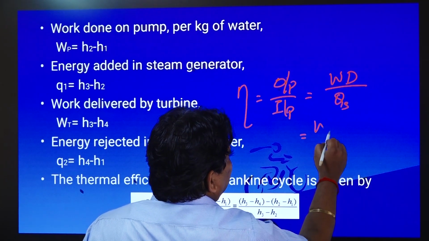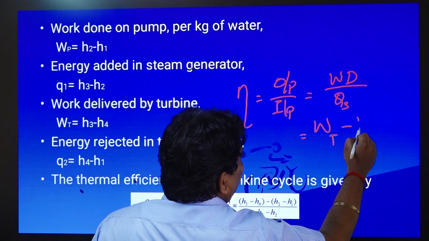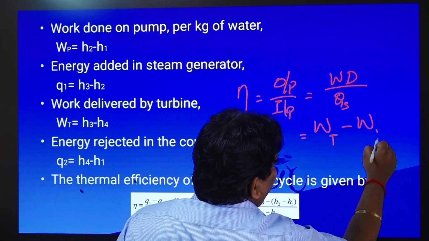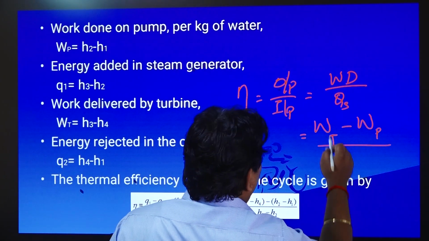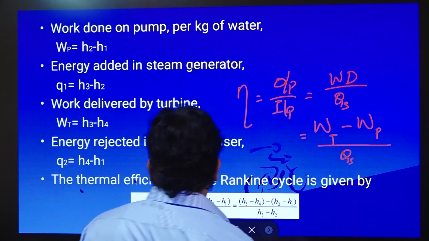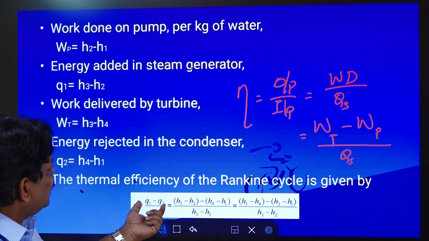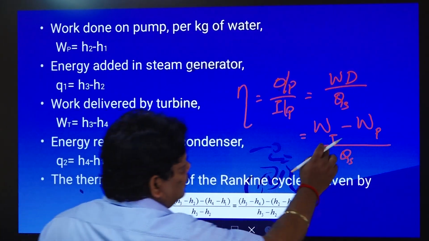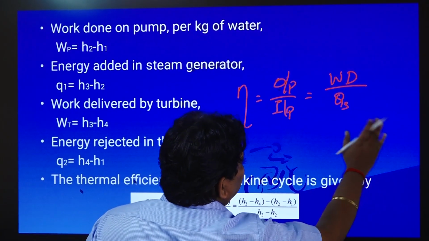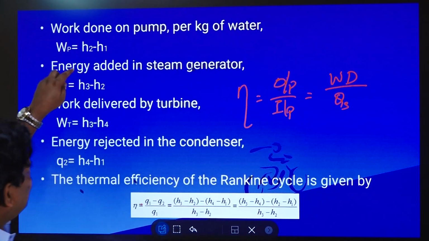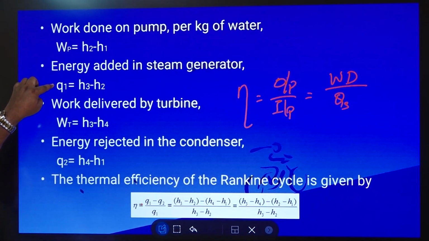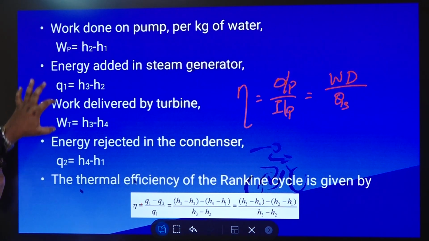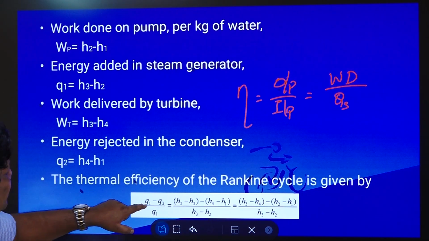So work done is work done by the turbine minus work done by the pump, divided by the amount of heat energy that is supplied. So Q1 minus Q2. What is Q1 minus Q2? Q1 is the amount of heat energy that is added, and Q2 is the amount of heat energy that is rejected. So Q1 minus Q2 is the work done.